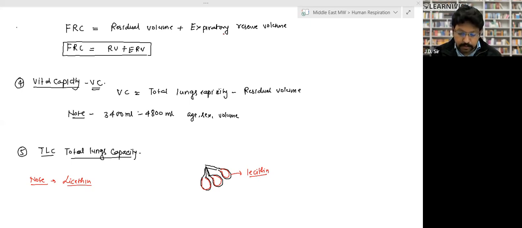Full stop. This is fatal to the baby due to collapsing of the lungs.